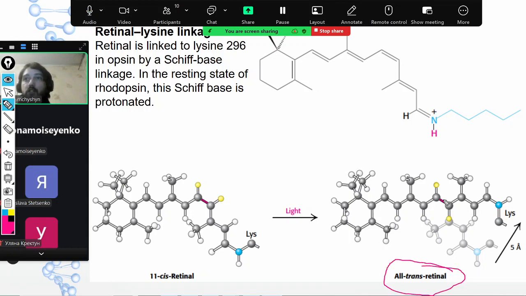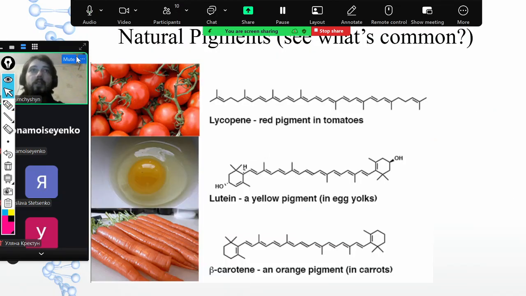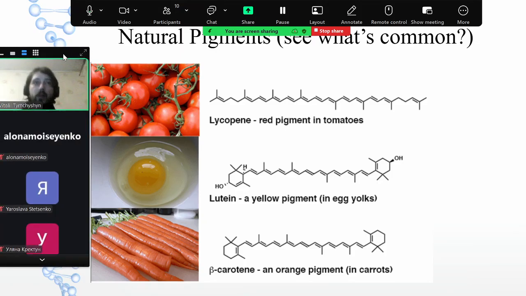So here you see the change in this molecule, how it transformed from 11-cis retinal to all-trans retinal, and this change will be transferred to the protein, and then a cascade goes on and on. I will show you the details just in a moment. But before that, what's interesting with this retinal?